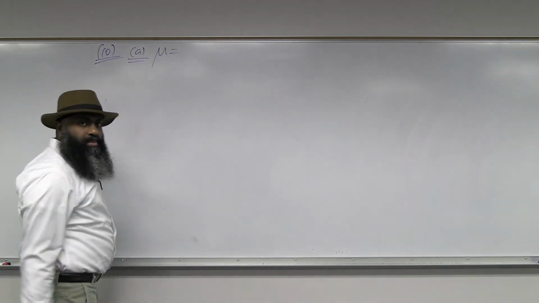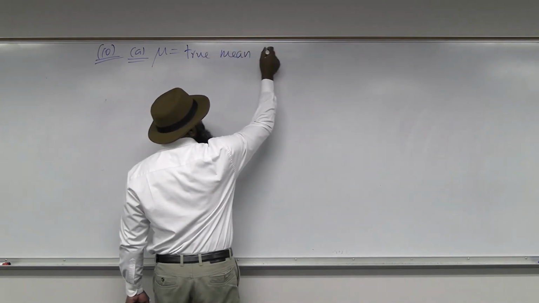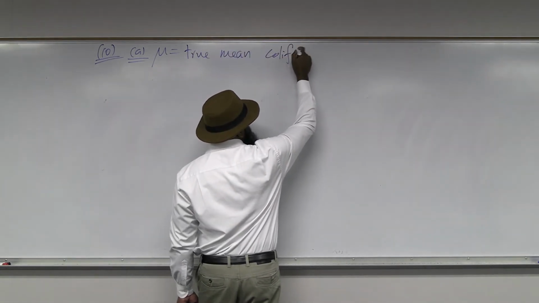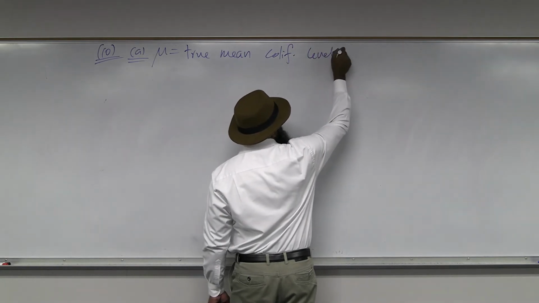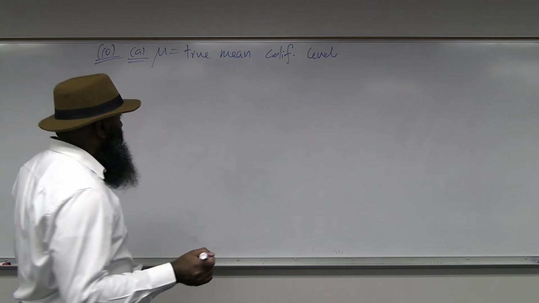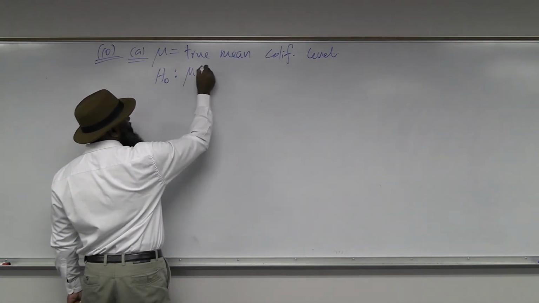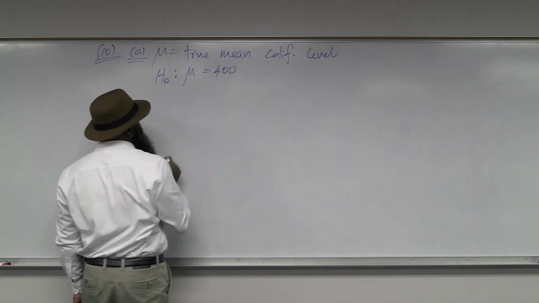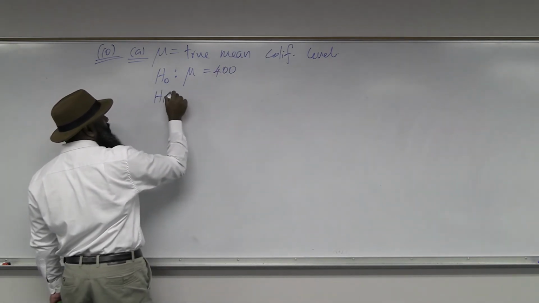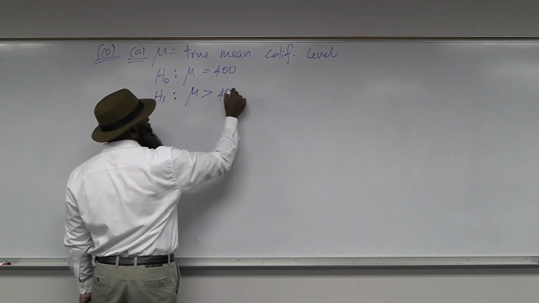I will let mu be the true mean coliform bacteria level, and I have to see if it is more than 400. The null hypothesis can be written as H0: mu is equal to 400. The alternative hypothesis can be written as H1: mu is greater than 400.